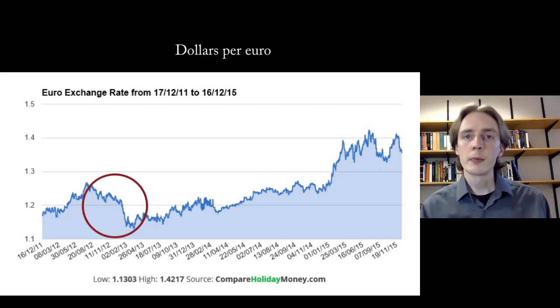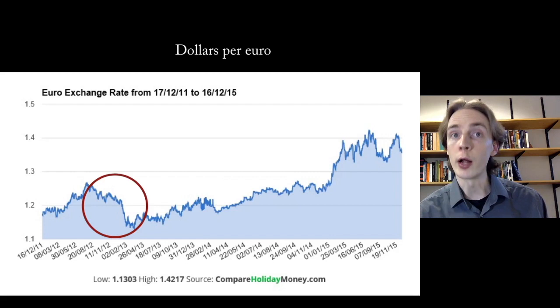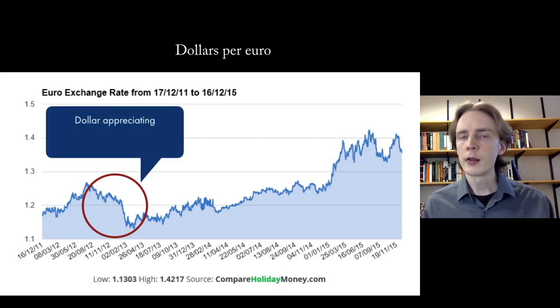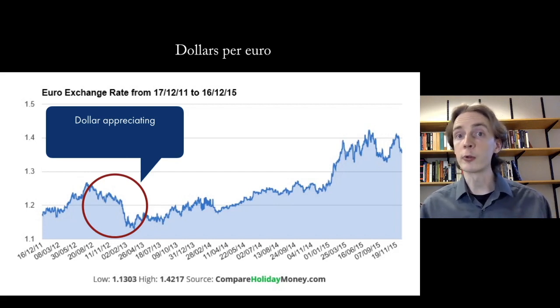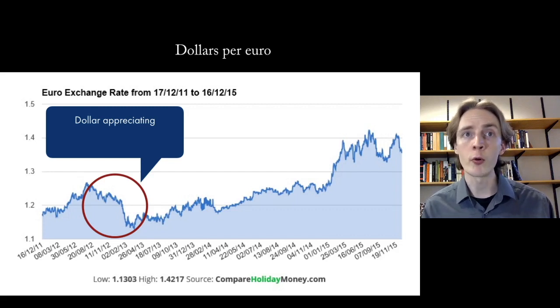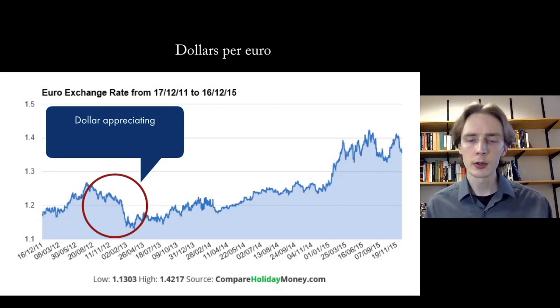So in this period of time, in 2012, because our units are correct, we can say this refers to the exchange rate falling. And if the exchange rate is falling, that means the dollar is appreciating. The dollar is getting more valuable because it takes fewer dollars now to buy 1 euro. We've gone from it taking 1.27 to about 1.15, let's say.